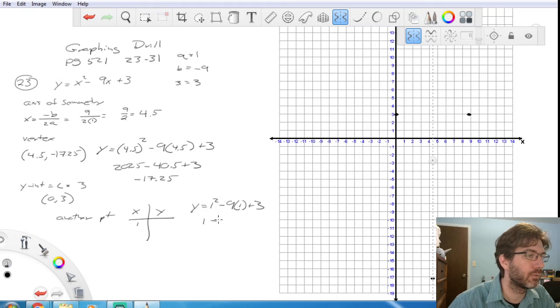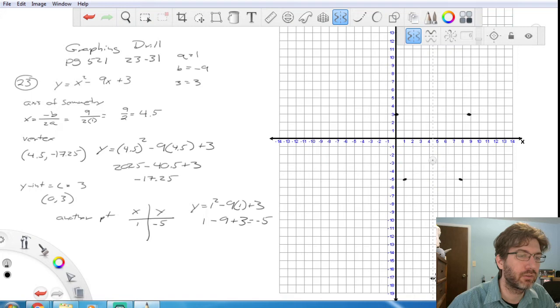Negative 9 times 1 is negative 9, plus 3. You're going to get negative 6, plus 1 is negative 5. Yep, negative 5. So at 1, you're at negative 5, so we're about here. And again, that's going to give you the reflection point as well.